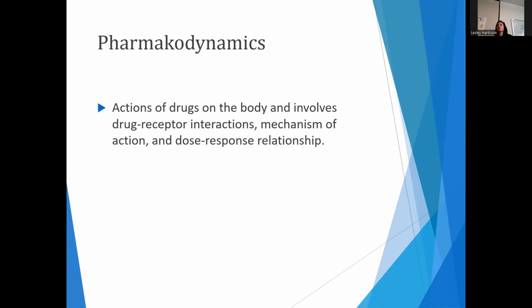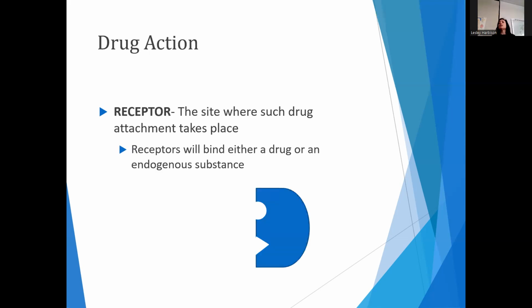So we'll talk about the drug receptors and their interactions, the mechanism of action, and then the dose response relationship. There are a lot of terms that can easily get jumbled up and sound the same and get a little confusing. But okay, so drug action.